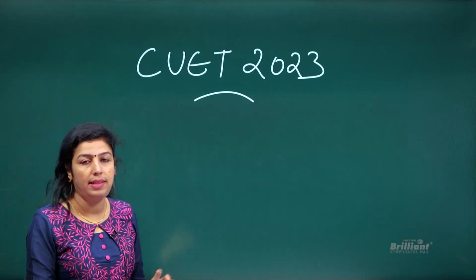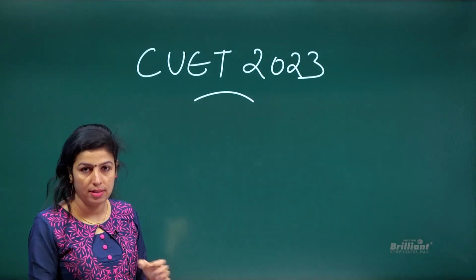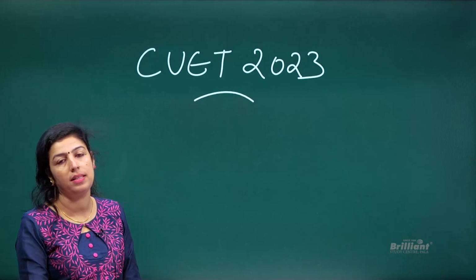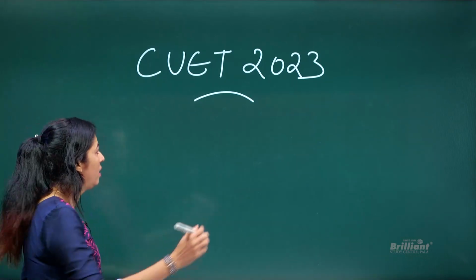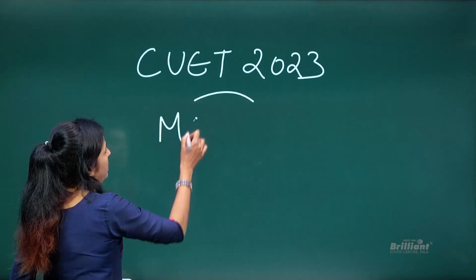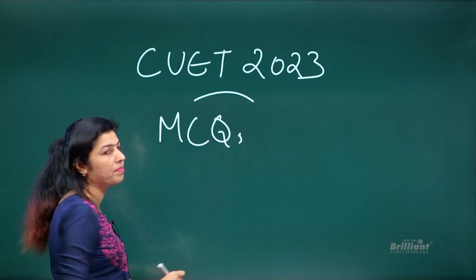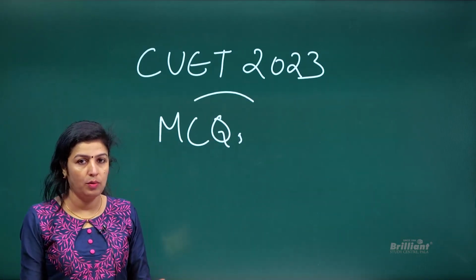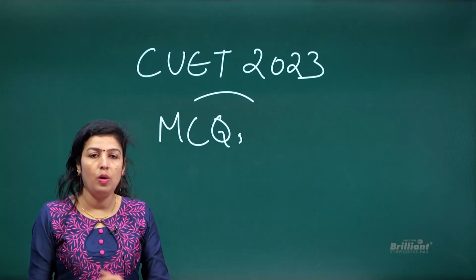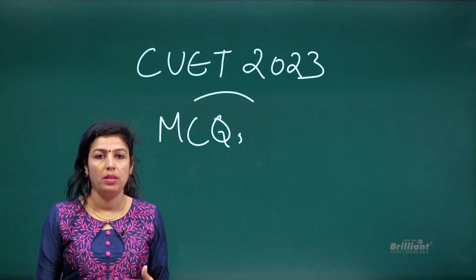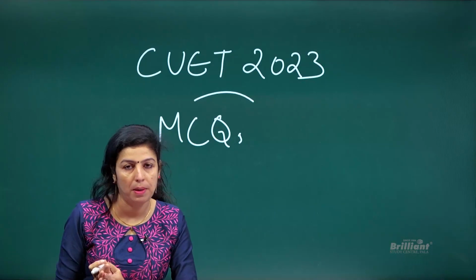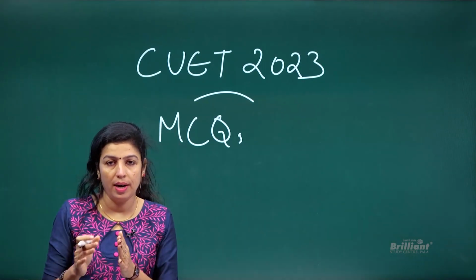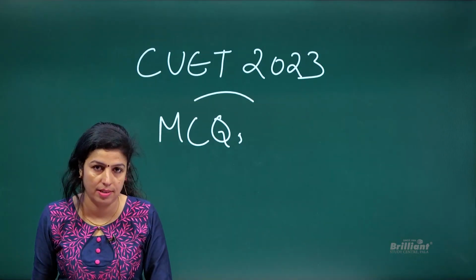The type of questions that you will get for CUET is MCQs, multiple choice questions. When we speak about the pattern of the question paper, it is divided into certain sections.